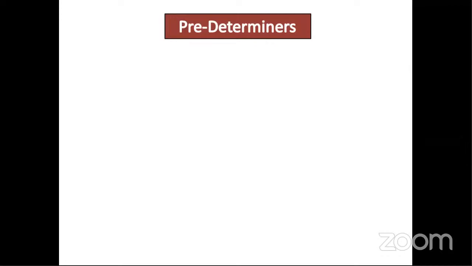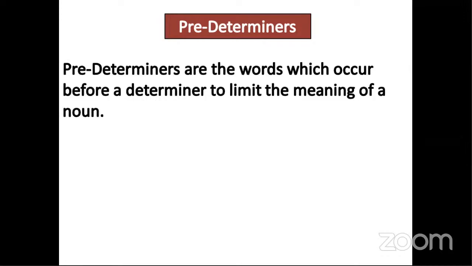They are almost similar. So what are predeterminers? Predeterminers are words which occur before a determiner to limit the meaning of a noun, and usually quantifiers are used for this.